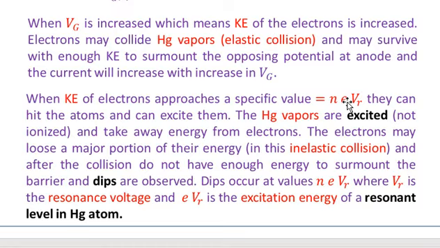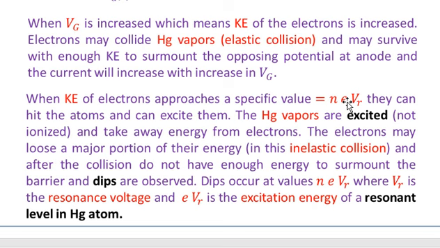When the photon is emitted by such an excited mercury atom during its de-excitation, that light will come out of the chamber. If you have a spectrometer, you can measure the wavelength of the light.